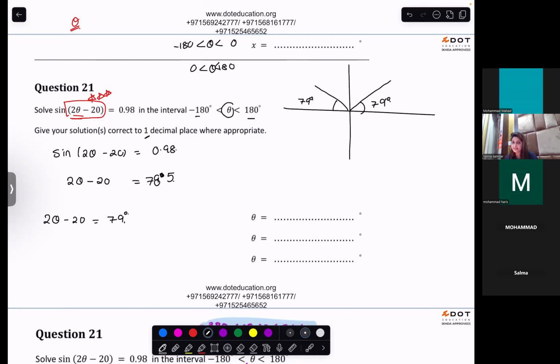So this is going to be 0, 90, 180, 270, and 360. First, I'm going to do between 0 to 180. The first value will be 79, and the second value will be 180 minus 79, which is 101.